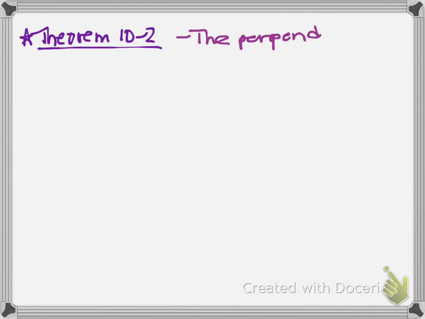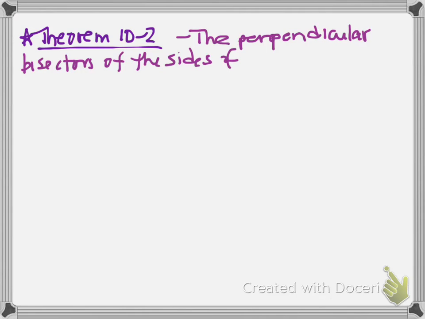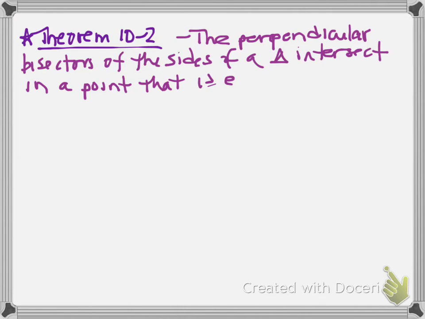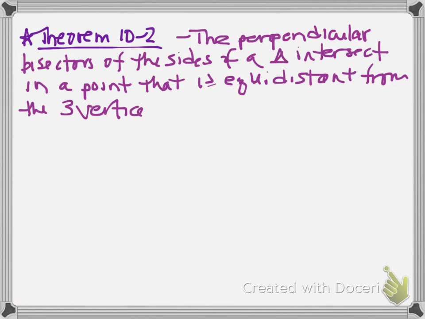Theorem 10.2. It states that the perpendicular bisectors of the sides of the triangle intersect in a point that is equidistant from the three vertices of the triangle.